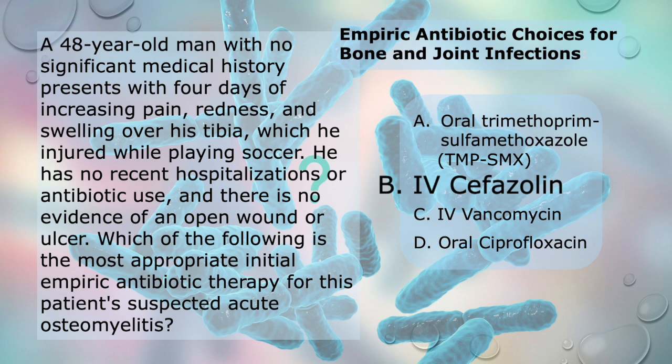If the patient had risk factors for MRSA, vancomycin would be indicated. Example, like there was a recent hospitalization, the patient was an IV drug user, or maybe there's a known colonization from a prior exposure.